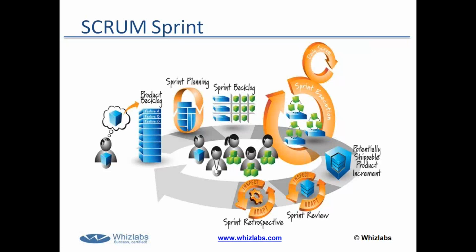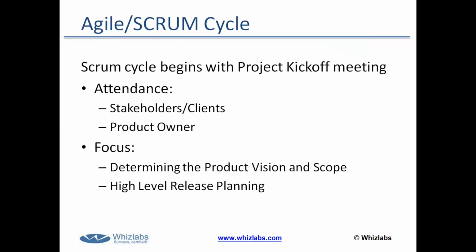He has spent enough time with the visionaries, the company owners, or the clients, trying to get product requirements or project requirements, and he is now in a position to share that information with the rest of the team. We'll come back to this view in a few moments.